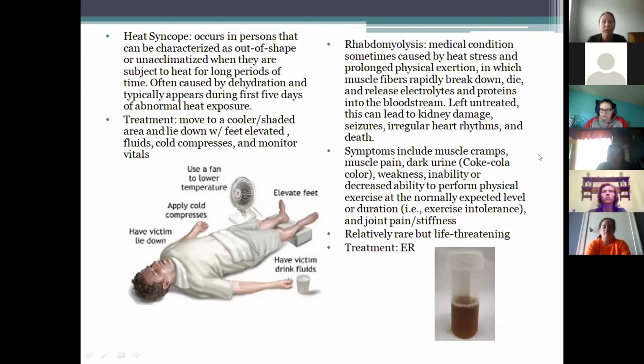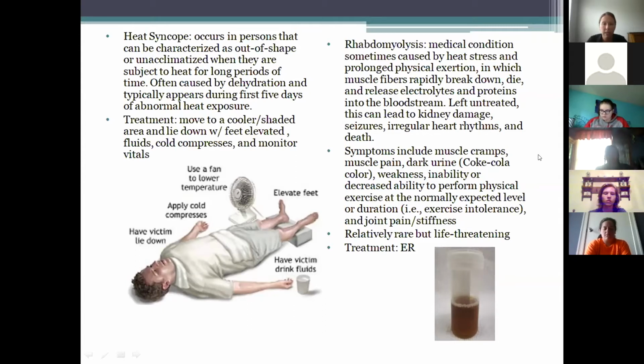When left untreated, it can lead to kidney damage, seizures, irregular heart rhythms, and ultimately death, okay? Symptoms include muscle cramps, severe muscle pain, dark urine, weakness, inability or a decreased ability to perform physical exercise at the normally expected level or duration, and joint pain or stiffness.